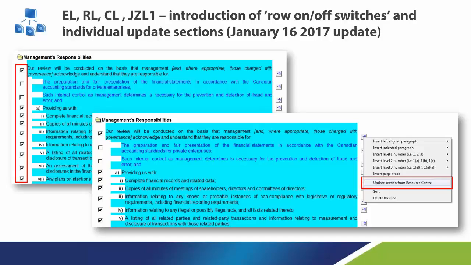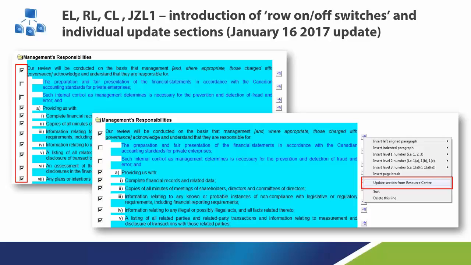You have your engagement letter. It's set up the way you want it to be in your client file. But there is an update, and you do want to take the update because it's something that you may need. So instead of updating the entire letter, you now have the option to only update a specific section. So if we've updated management responsibilities and you want the new wording, you just need to update that section. You don't have to update the entire document.